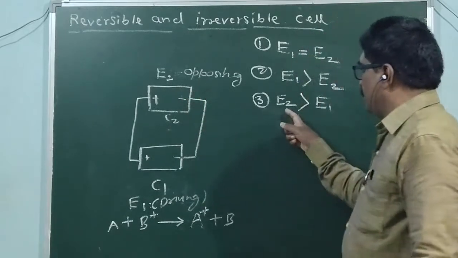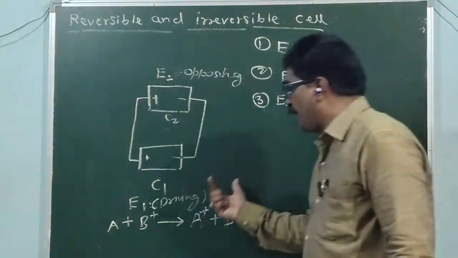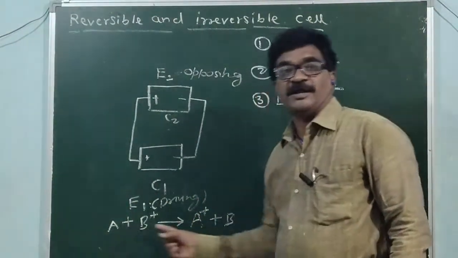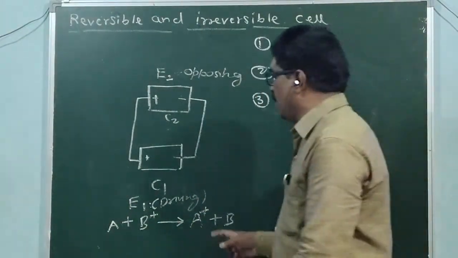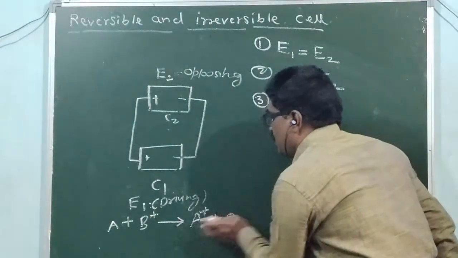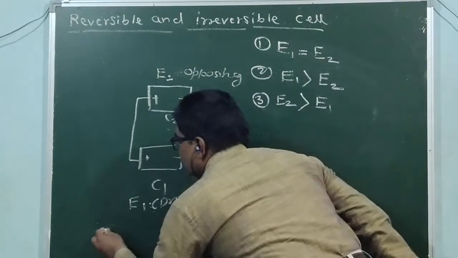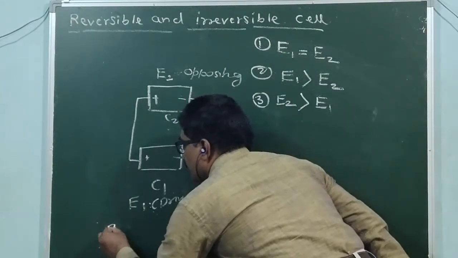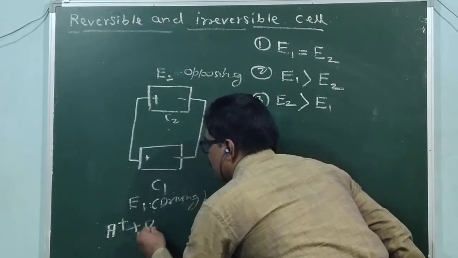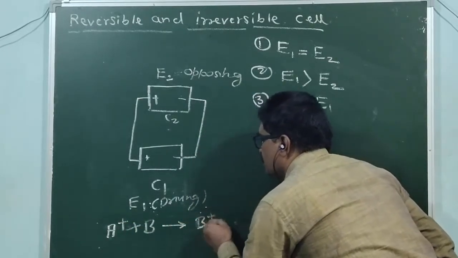Since E2 is greater than E1, it tends to reverse the cell reaction. That means in this case, this cell reaction is now reversed, like A plus B gives you B plus A.